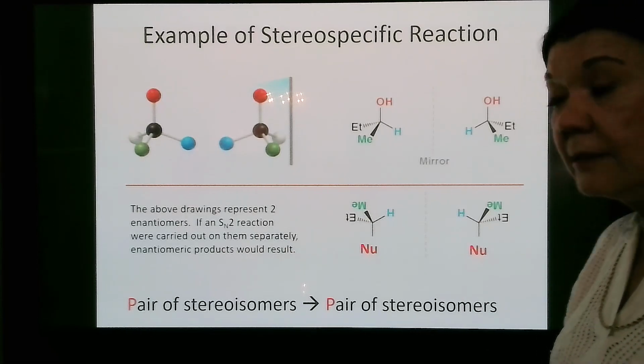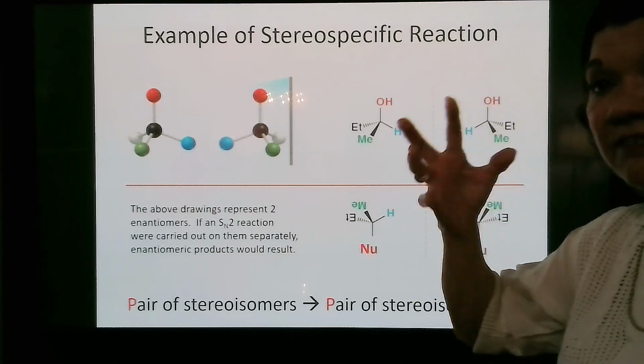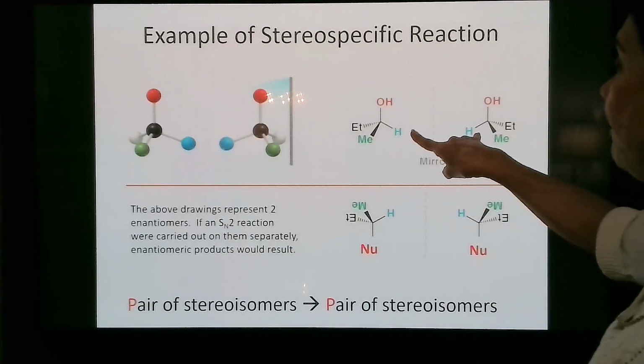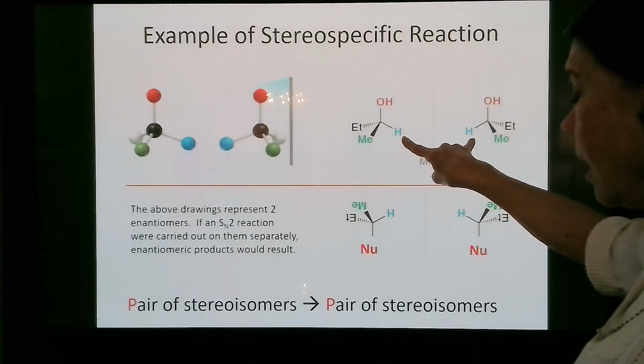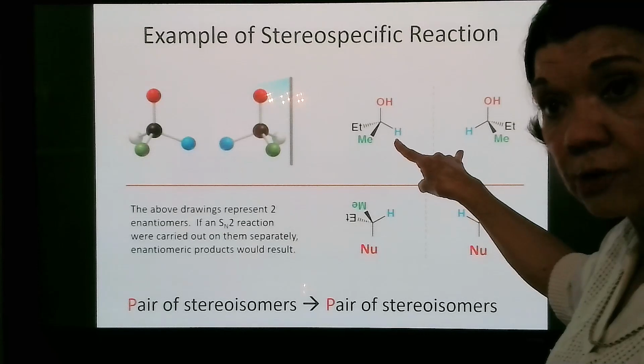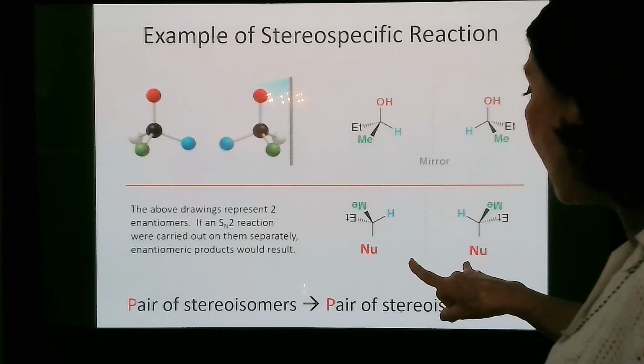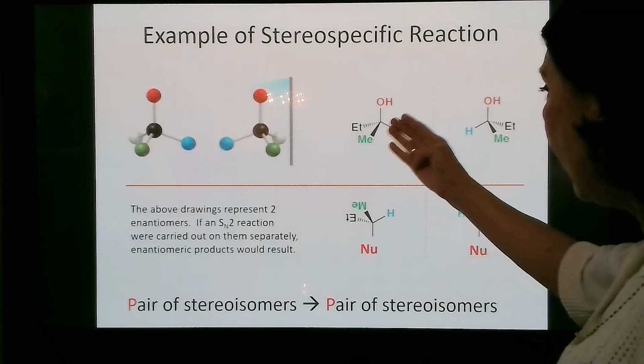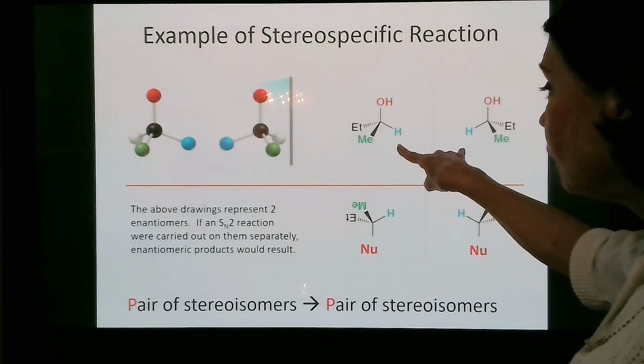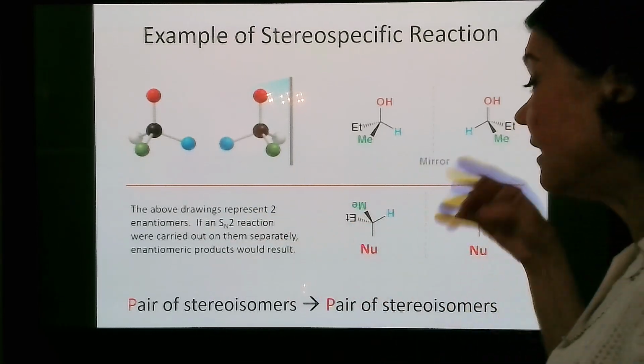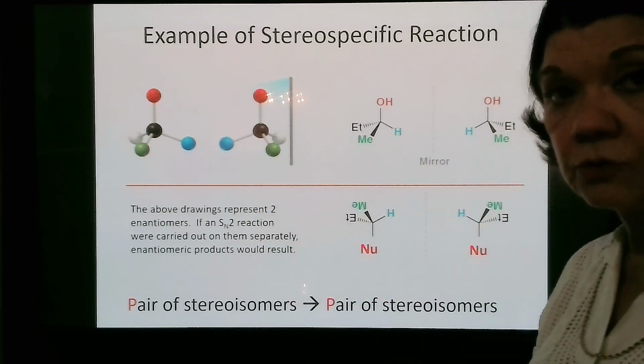stereospecificity. So when you think of stereospecificity, think of this: a pair of reactants undergoing the same reaction to give a pair of products. And here this is a pair of enantiomers undergoing the same reaction to give a pair of enantiomers.